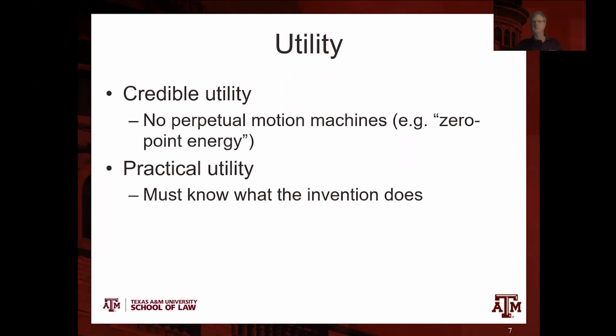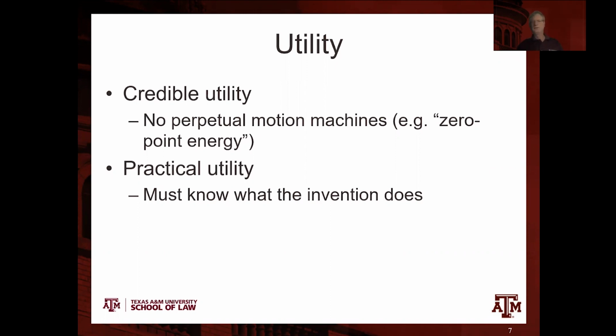And the modern manifestation of this is zero-point energy, energy from nothing in a sense. And so these violate various laws of physics. And so there's always a rat inside running on a treadmill to give the machine that extra energy, so it appears like it's generating more energy than it's taking in. So no perpetual motion machines.